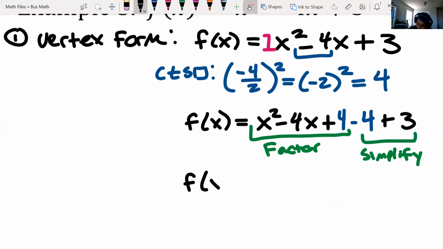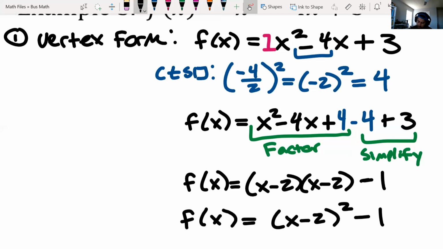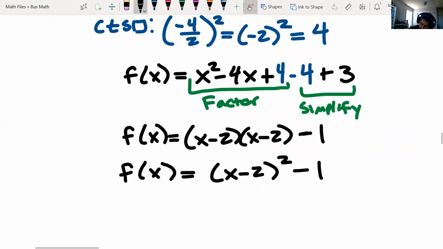So we'll get f of x equals x minus 2 times x minus 2, and then negative 4 plus 3 gives me negative 1. Okay. One last cleanup. We're going to rewrite it as x minus 2 squared minus 1. And there you have it. There's your vertex form.